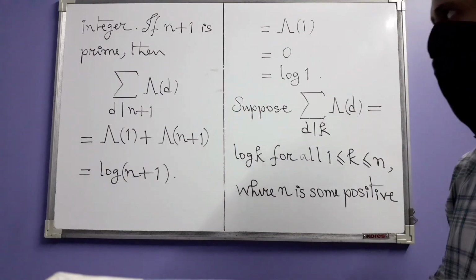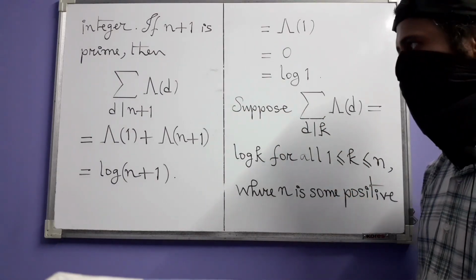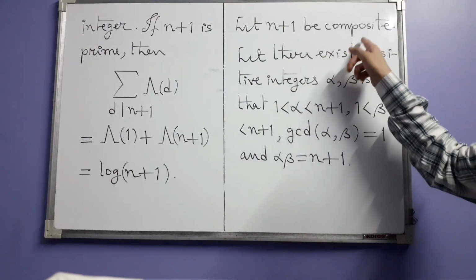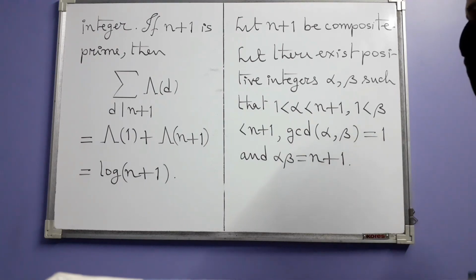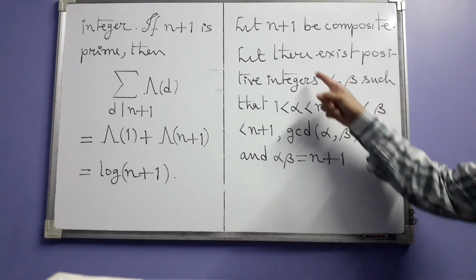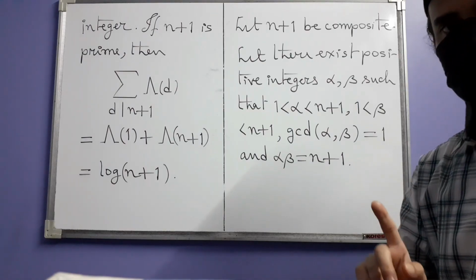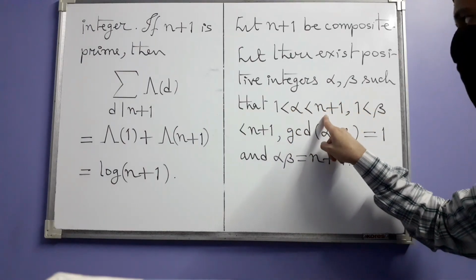And now next we have to consider the case where n plus 1 is composite. Now here also actually there are two cases. One of them is this. Let there exist positive integers alpha and beta such that both alpha and beta lie strictly between 1 and n plus 1.